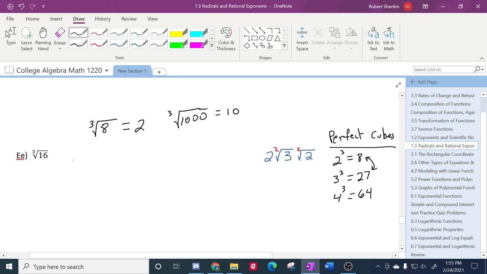All right? But we're not trying to approximate it. We want to get, like we did with the others with the square root, we want to pull out. This time you can't pull out perfect squares. You have to pull out perfect cubes. Why perfect cubes? Because only like this, the reason why cube root of 8 is 2 is because 8 is in this list.